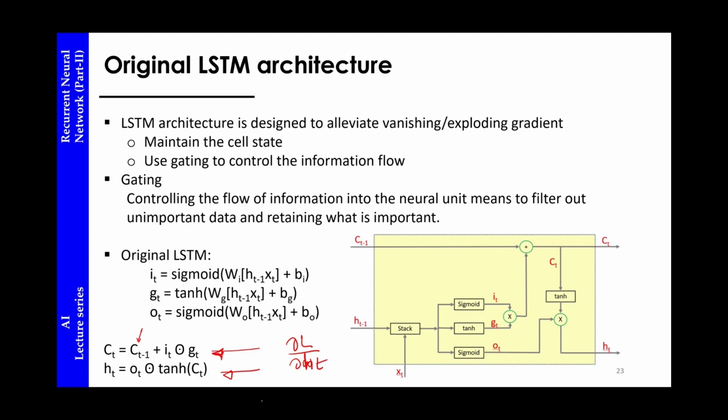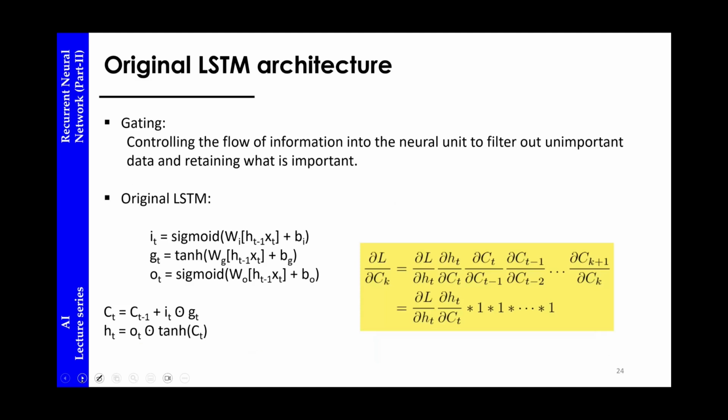And because of the chain rule that we had, if you look at this yellow box, it shows exactly the mathematical insight of the LSTM, how by LSTM we can avoid the vanishing or exploding gradients.